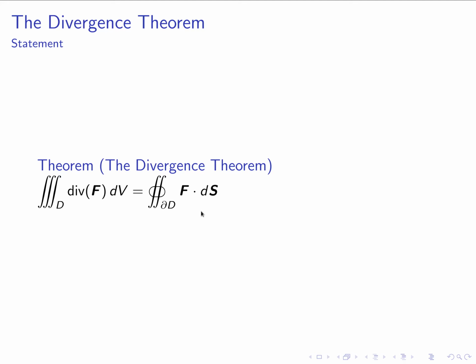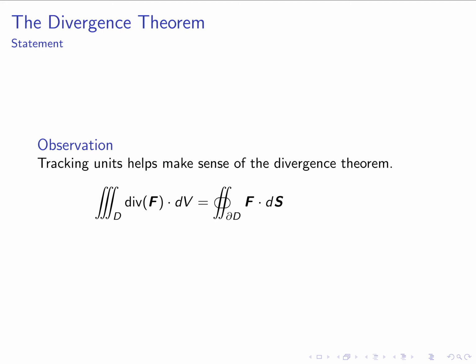Well, since the divergence is the scalar quantity that measures net flow out or in, what the divergence theorem suggests is that the triple integral over the three-dimensional domain of the divergence should be the same thing as the flux of the vector field over the boundary of the domain. So the divergence theorem states that the triple integral of the divergence is the flux out of the domain.